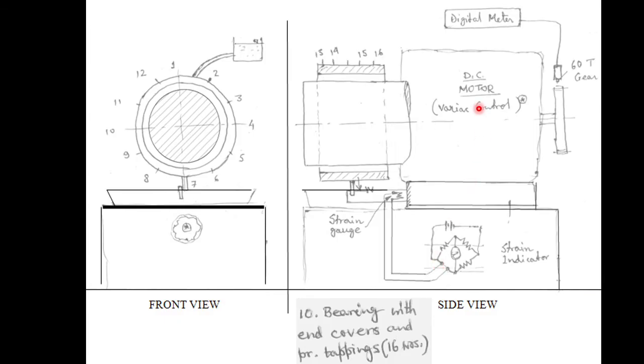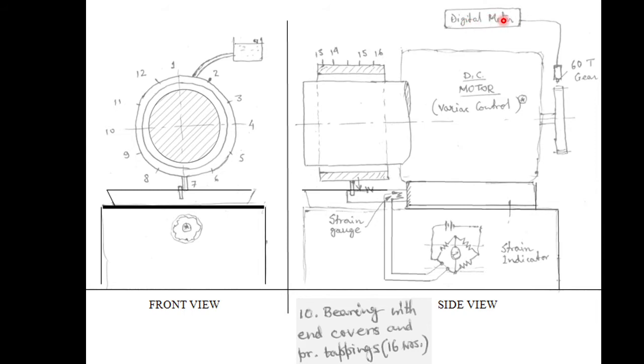So this is the DC motor, and to measure the speed, recall our critical speed experiment. We added a digital tachometer. We used a 30 teeth gear there, but in this particular experiment there is a 60 teeth gear, so that we get the direct RPM reading.